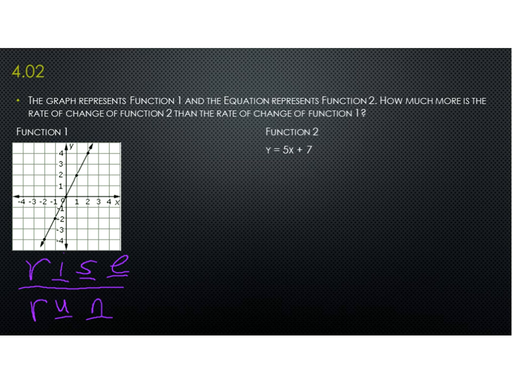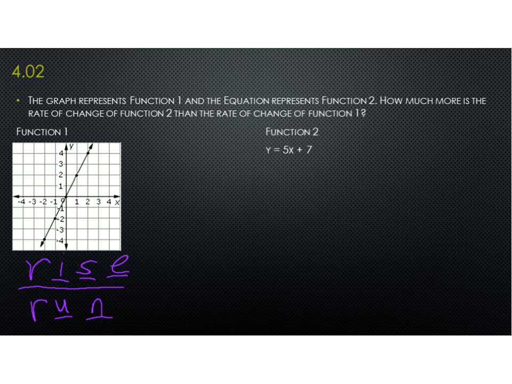It's rise over run. Well, basically, good job, Justice. You were typing that right as I said it. So, rise over run basically means we're going to take 2 points and find how far apart they are. Rise is how far apart they are up and down. Run is how far apart they are left to right.